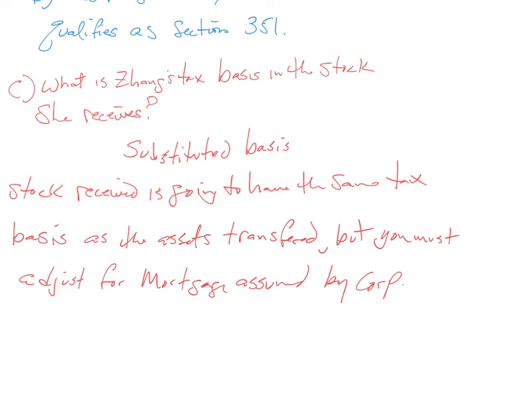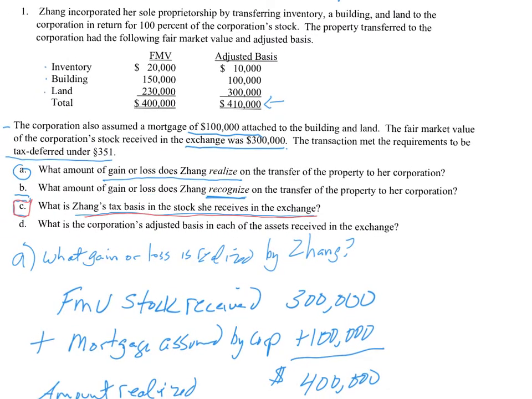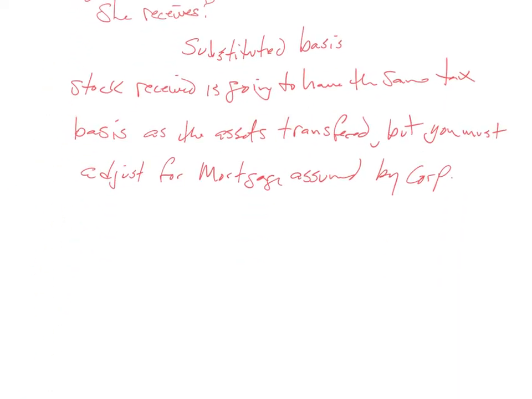Okay, so what does that mean? Well, we have to find the tax basis of the assets that she transferred. From a previous part, we remember that the tax basis of the assets transferred is $410,000. And from a previous part, we know that there was a mortgage assumed.